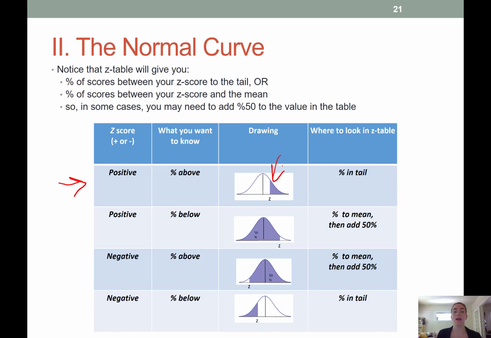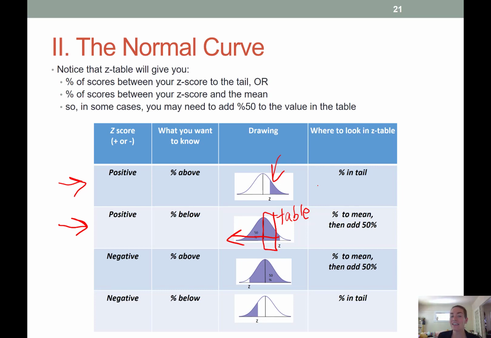If my z-score is positive, so it falls on the right-hand side of the mean, but I want to know how many scores are lower than my score, that means I want to know how many scores are to the left of it. In this case, I need to know how many scores are in this shaded region. All the table will tell me is this piece: that a certain proportion of scores exist from my z-score to the mean.